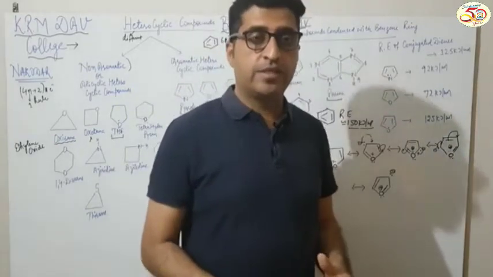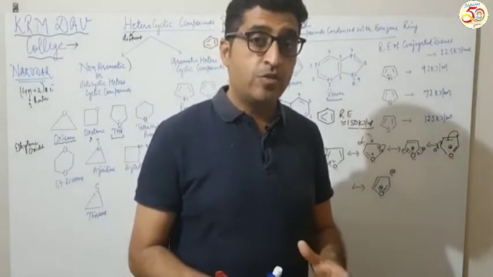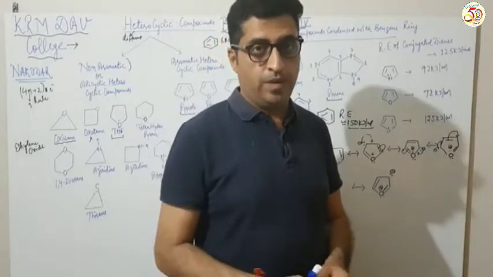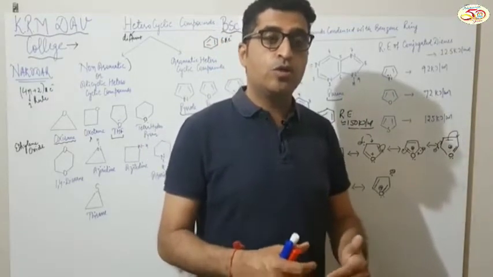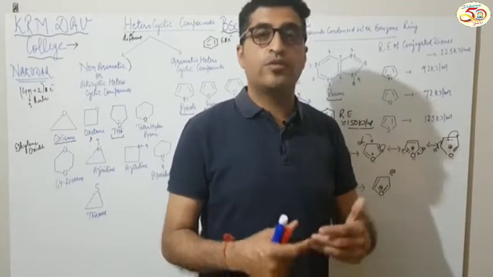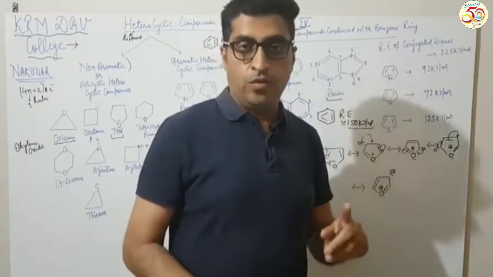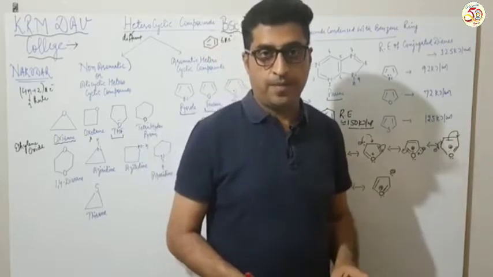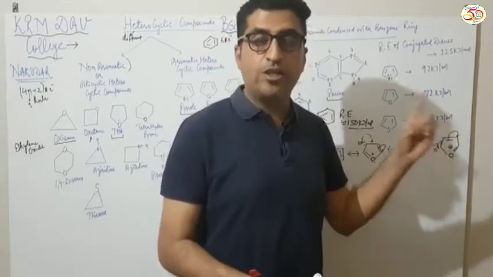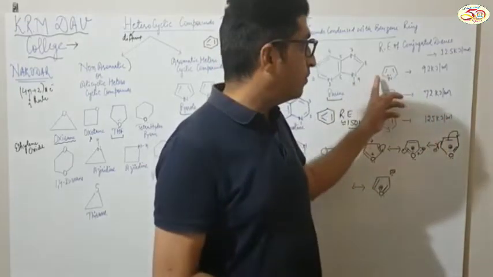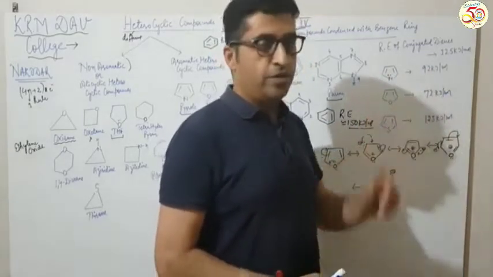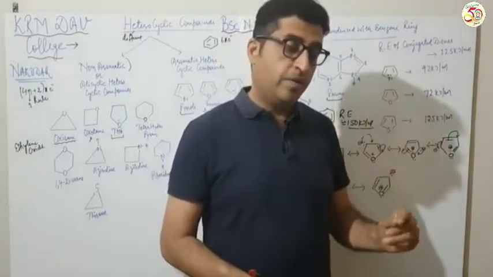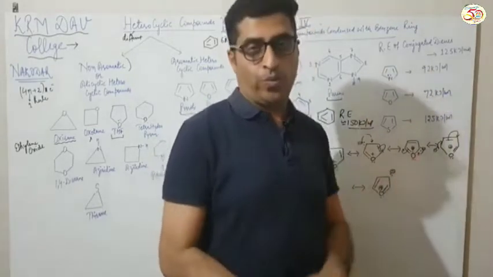In which case are the resonating structures more stable? Or which molecule is going to give more resonance stabilization? Pyrrole or furan? Though I have mentioned the values, in pyrrole this is 92 and in furan this is 72. So the answer is given, but the point is how?